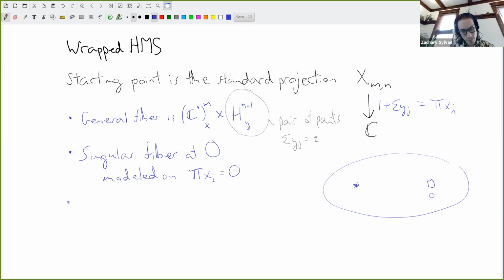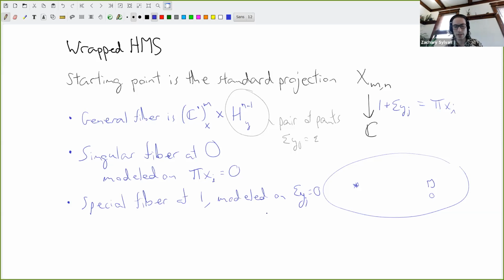And we have a special fiber at 1, and this is modeled on the sum of y_j equals 0. Now this is the sum of y_j equals 0. That's a smooth hypersurface. We're not working projectively.